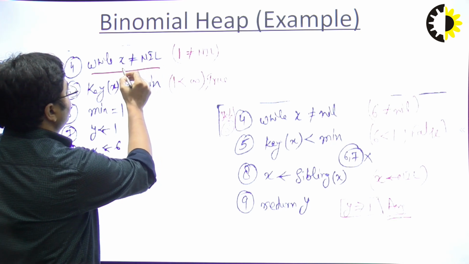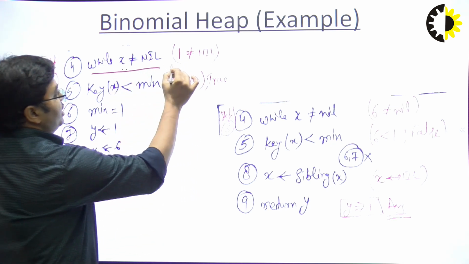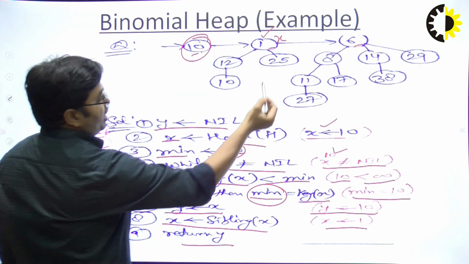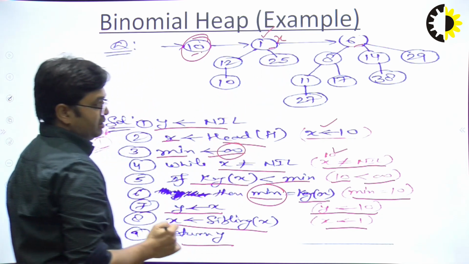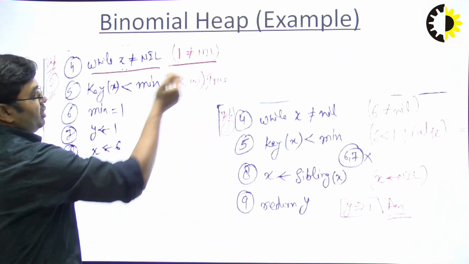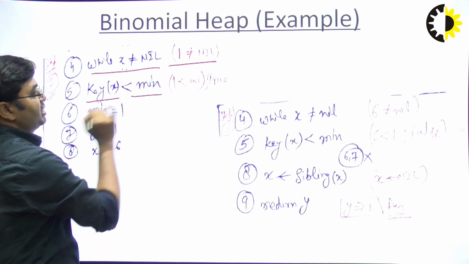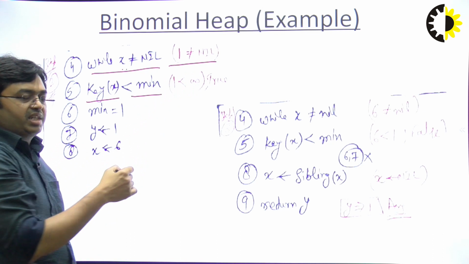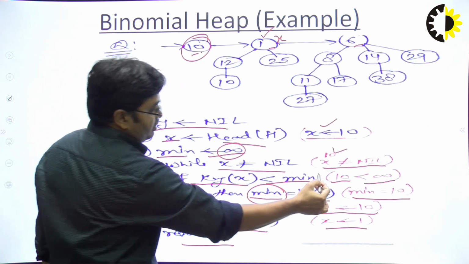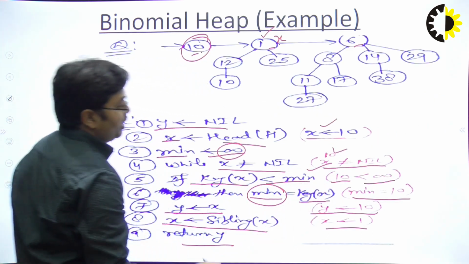Then we are comparing x not equal to nil, means now the value of x is 1. 1 is not equal to nil, is true. Then key of x less than minimum, means again we are checking the same procedure which we already checked here.